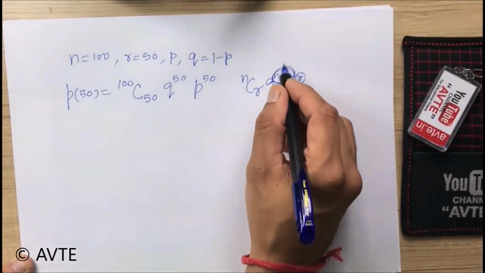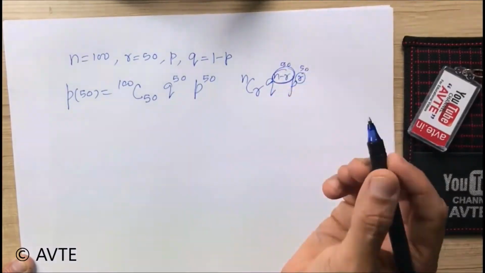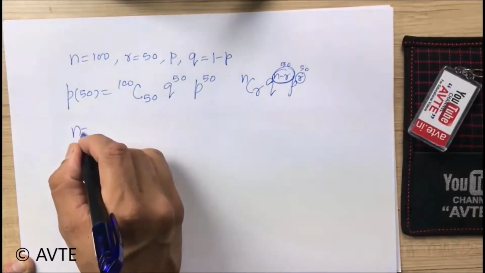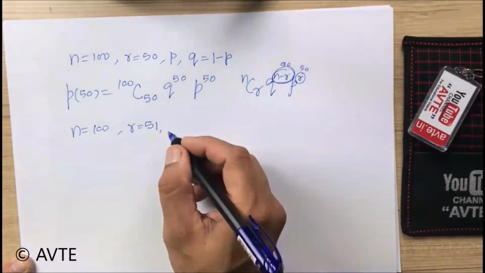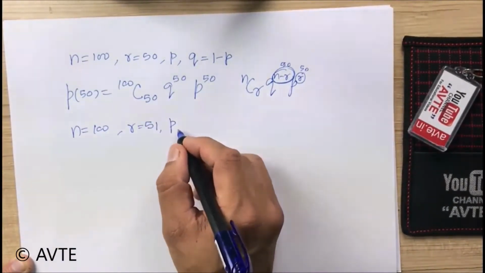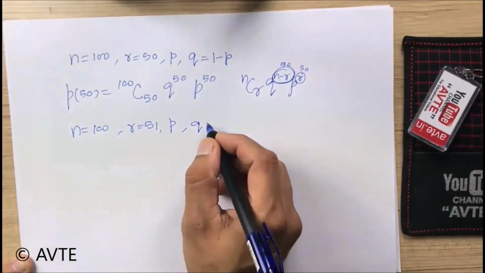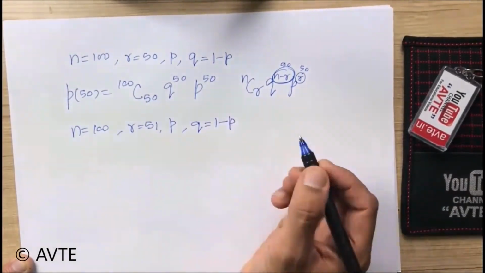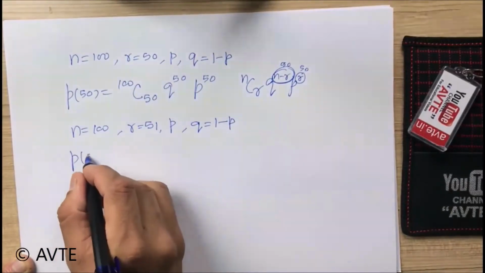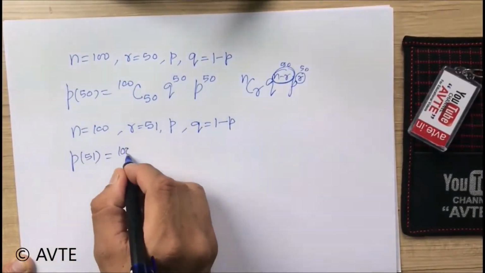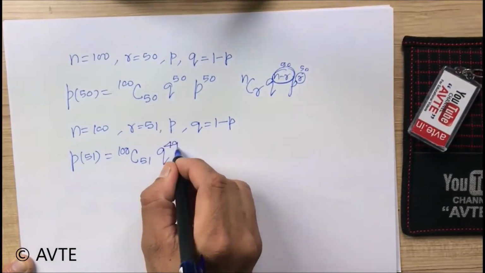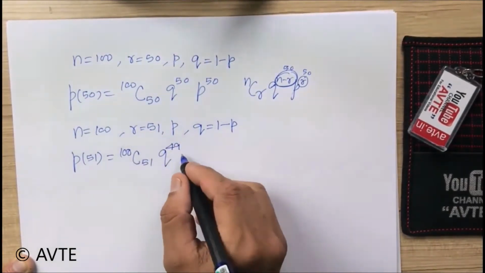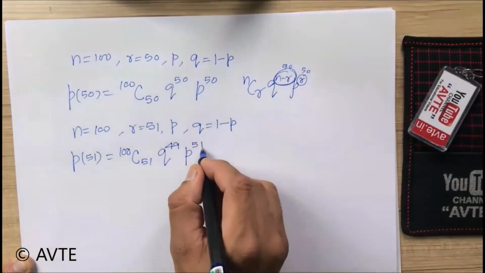In this case, both will be 50 because 100 minus 50 is 50. Now, in the second case, n is 100, r is 51 because there are 51 successes, P remains the same, Q will be Q, and later we'll convert that Q to 1 minus P. Remember, this is 49 now, 100 minus 51, and this is P raised to power 51.